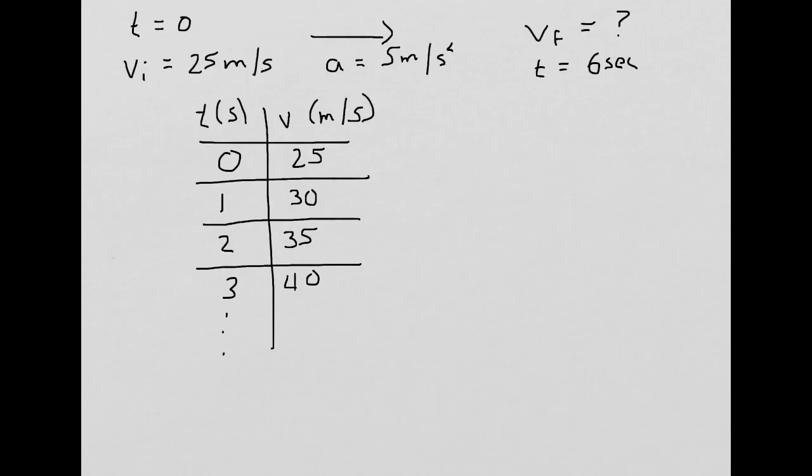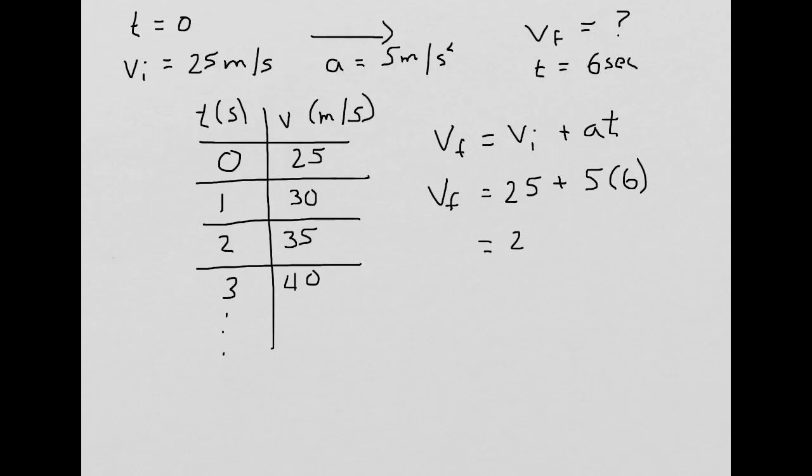Or, a little bit more efficient way is to use the formula VF equals VI plus AT. So I'm looking for my final velocity. That's my unknown. I know that VI is 25. I know that my acceleration is 5. And my time is 6.